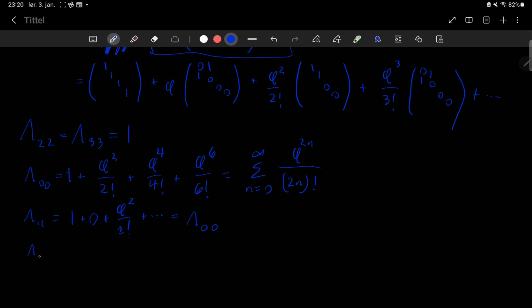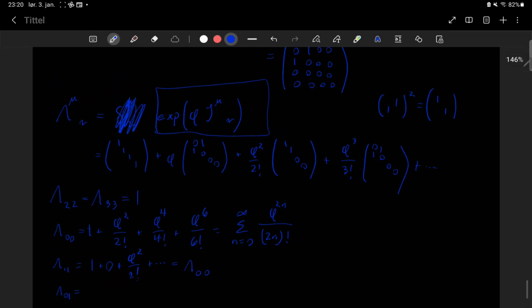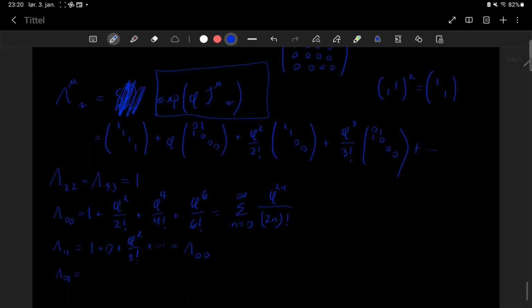That puts space and time on equal footing. We also anticipate 0, 1 to equal 1, 0. This one has no constant term, but it's phi. We can already see by inspection that these are the same, as well as by physical grounds.